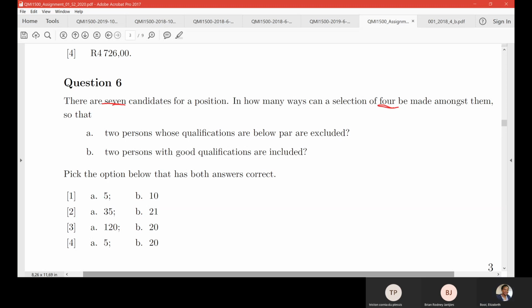Number 1, you need to decide. Because the first one says exclusion, that is without replacement. So there is a different way of doing it. If you need to select 4 positions out of 7, is it a permutation or a combination? They didn't specify, so this will be a combination question.